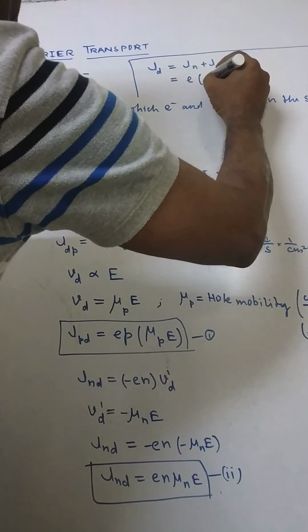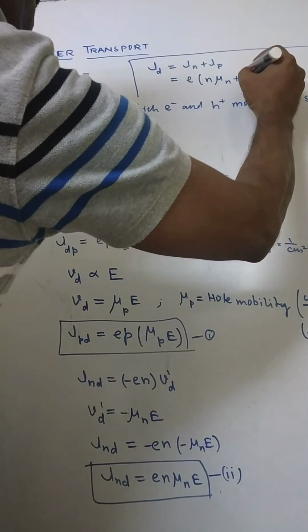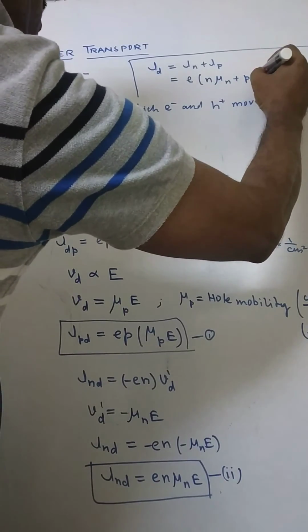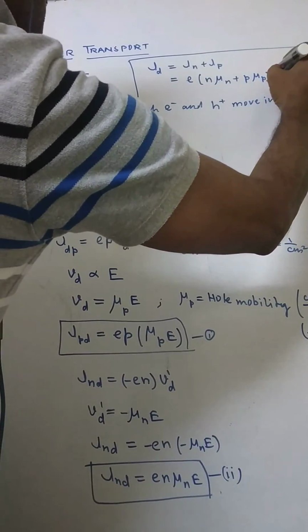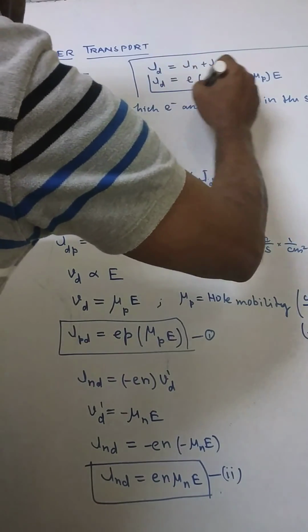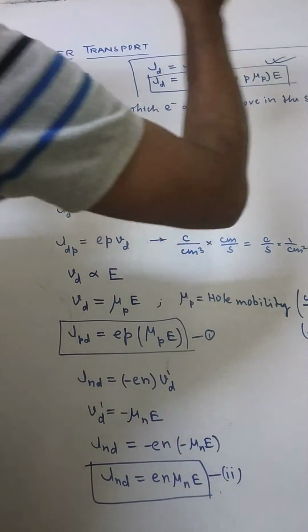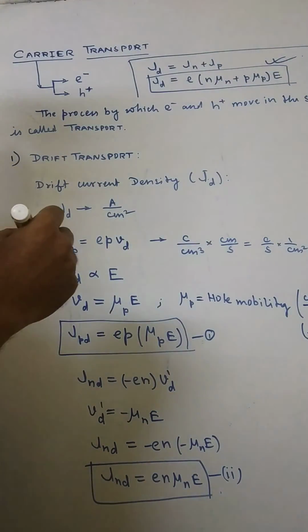So we get n mu n plus p mu p, times E. This is our drift current density.